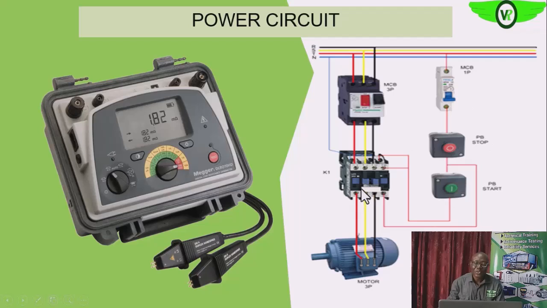Okay, so what we do on the power circuit is low resistance testing. We use the milliohm meter. Are we getting it? To test if there is resistance build up.